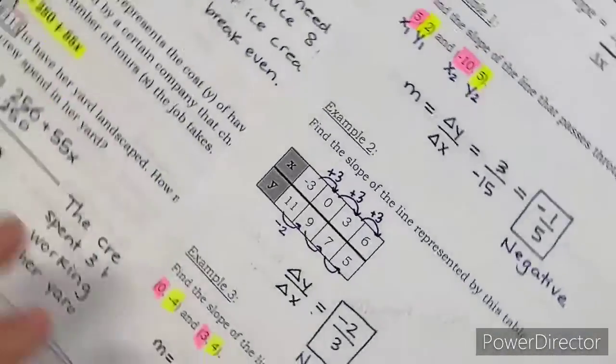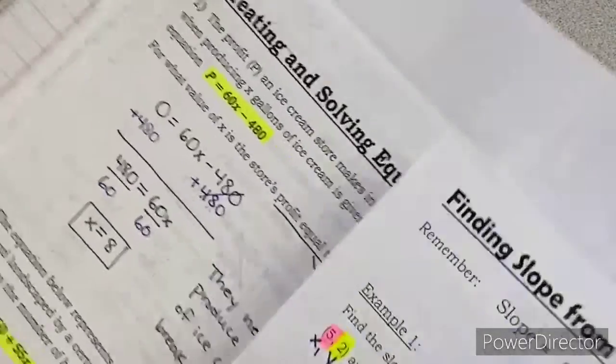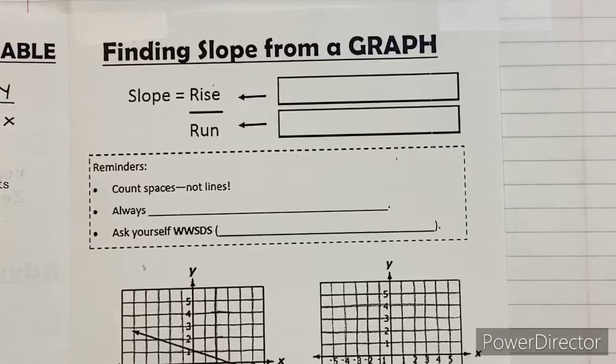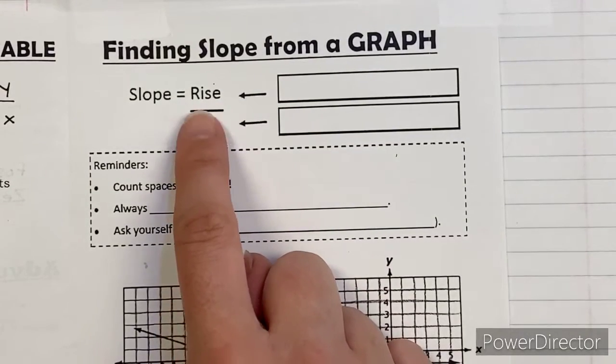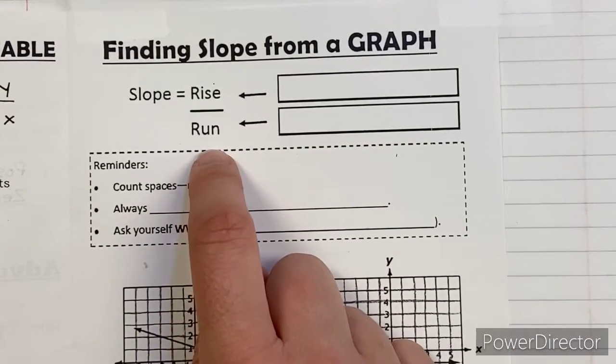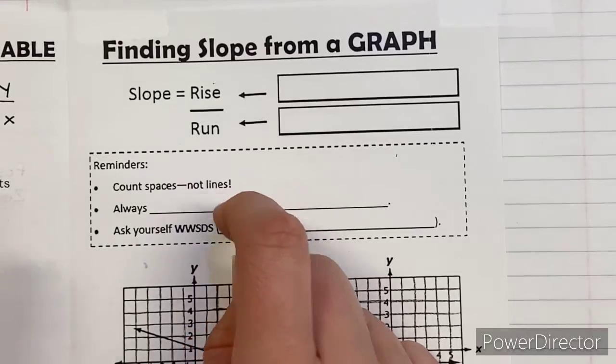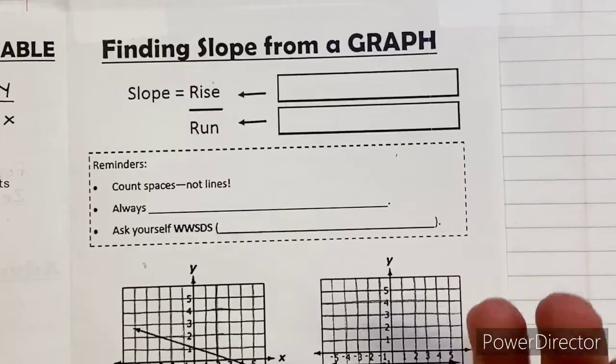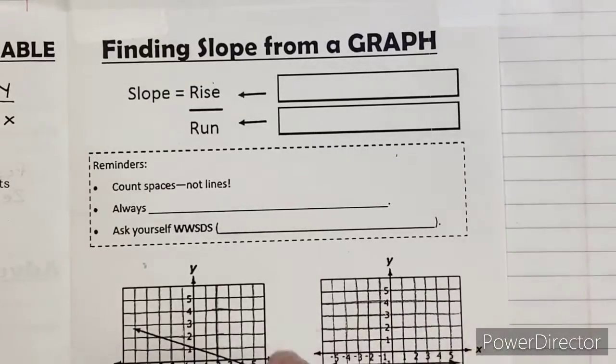And so now we're going to do the right-hand side, which is finding slope from a graph. So this is where the rise over run part happens. And I'm going to tell you that when we do this, a lot of times we make a right triangle. So we're going to be looking at a triangle on the graph, and I'm going to show you what I mean by that.